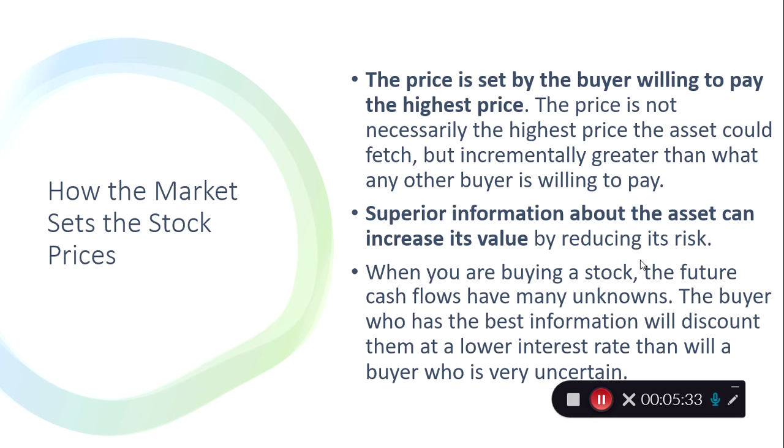The price in the market is set by buyers' willingness to pay. Whoever is willing to pay the highest price will get that stock, right? But the price is not necessarily the highest price that the asset could fetch, but incrementally greater than what any other buyer is willing to pay.